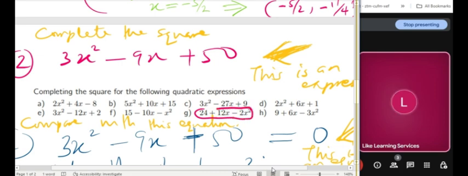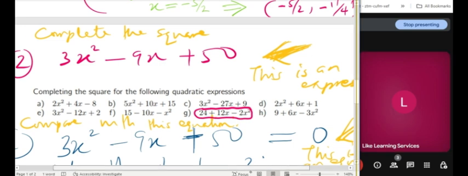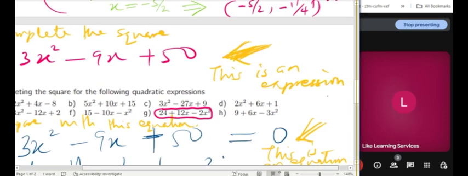There's no big deal. It's just the same principle. Read out that G: 24 plus 12x minus 2x squared. Beautiful.